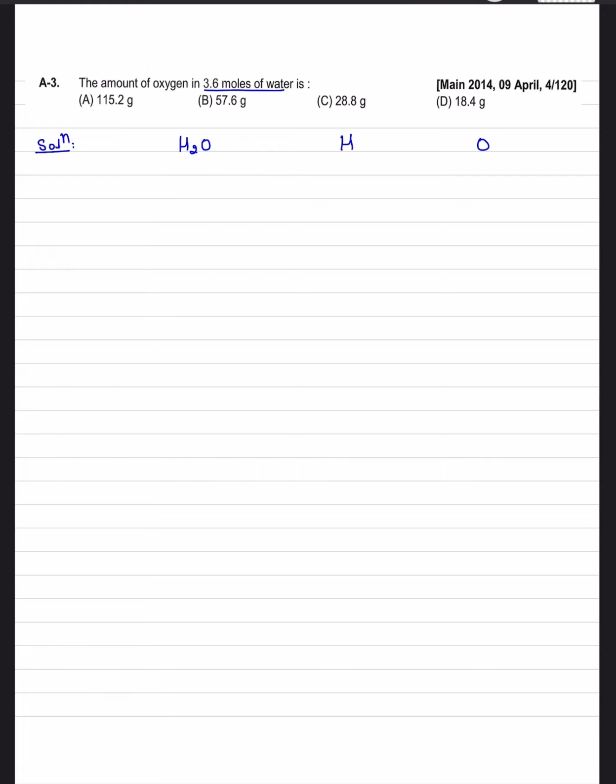If this is 1 molecule, how many hydrogen atoms are there? Obviously 2. How many oxygen? 1. If I say there are 10 molecules, how many hydrogens are there? Obviously 20. How many oxygen? 10.